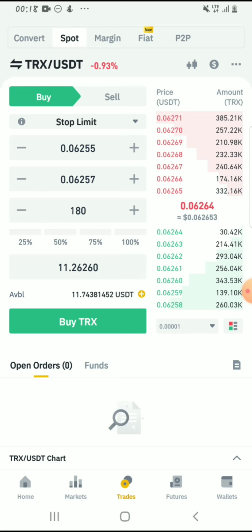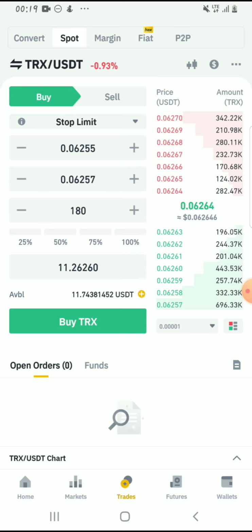the exchange, Binance Spot Exchange, will place a buy order for me, will buy TRX for me at 0.06257. How is this different from the limit order?